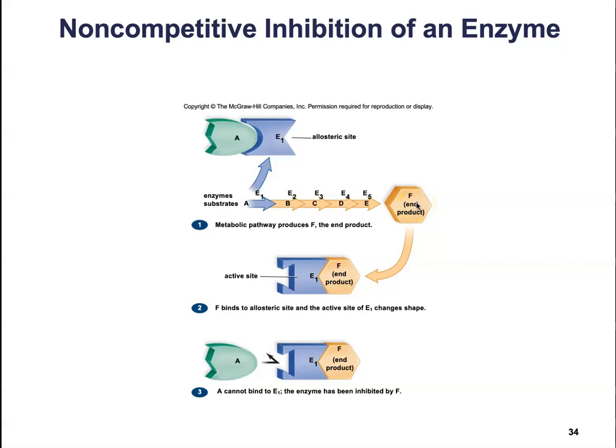What this is showing you here, if you look up here, is the enzyme, and this is the substrate. Enzyme 1, substrate A, binding to the active site, okay? So this is the active site. This is then going to cause this to turn into B and move through the metabolic pathway. However, once the cell makes enough of this end product, F can act as an inhibitor, okay?